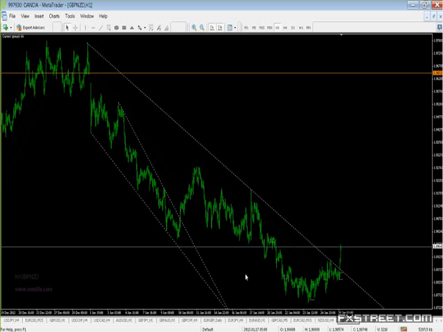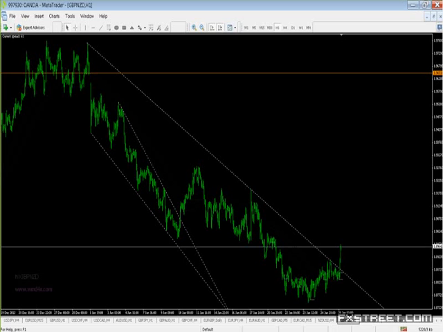But this pound Kiwi long, it's likely to represent Kiwi weakness more than it represents pound strength, right? So if you're looking across the board and if you want to do some of that kind of intermarket analysis, you look at all the pound crosses, they've been demonstrating a lot of weakness, right?